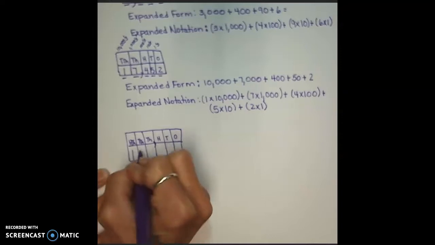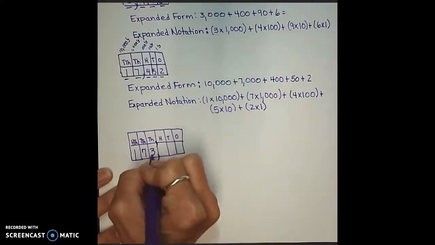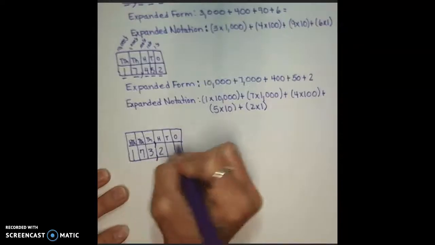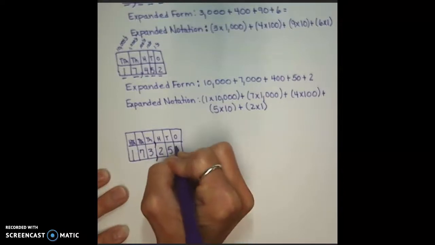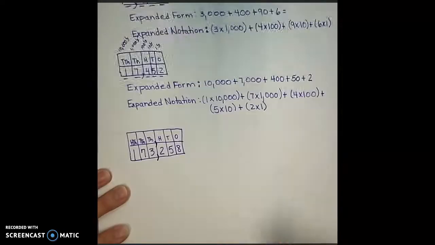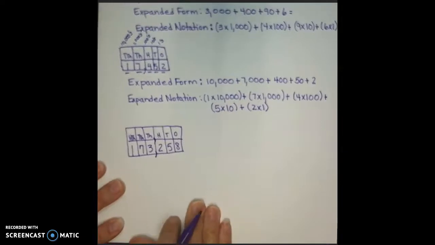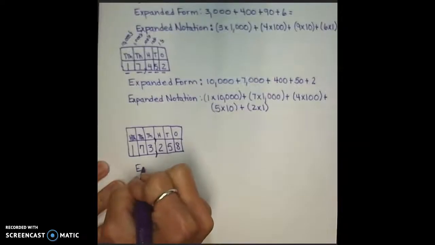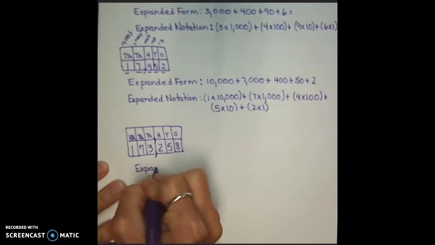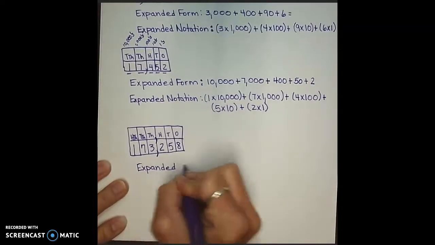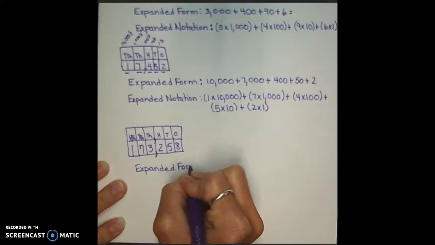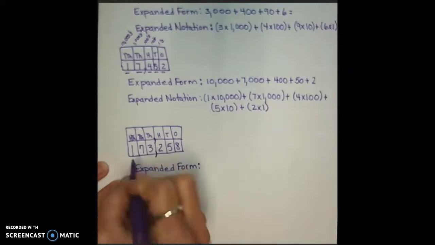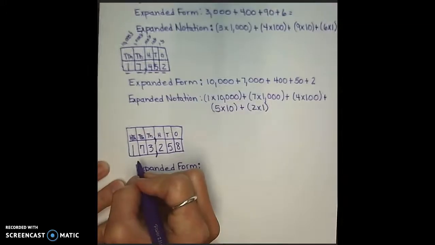I have 173,258. Okay, so let's go ahead and look at the expanded form. I start in the greatest place again.